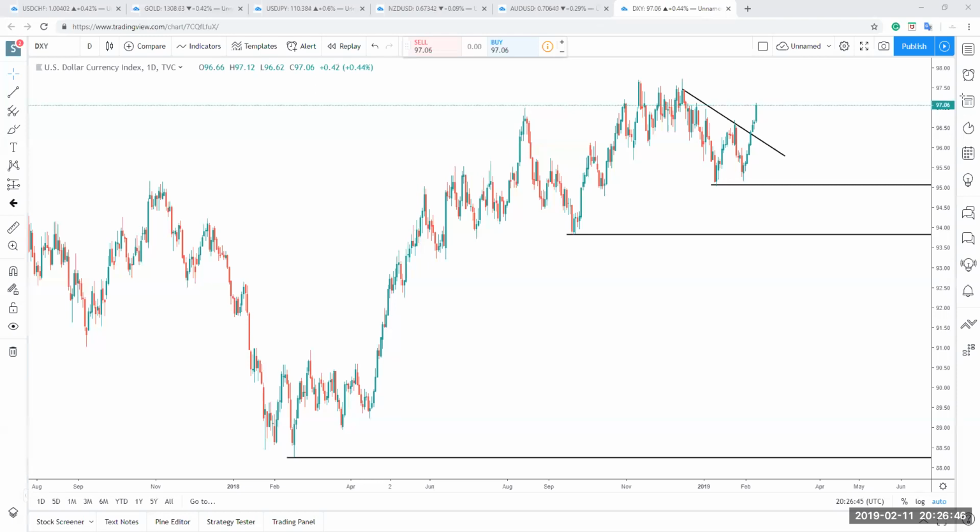If not, we want price to go low. And then, yeah, so let's see how that reacts over the next couple of days.